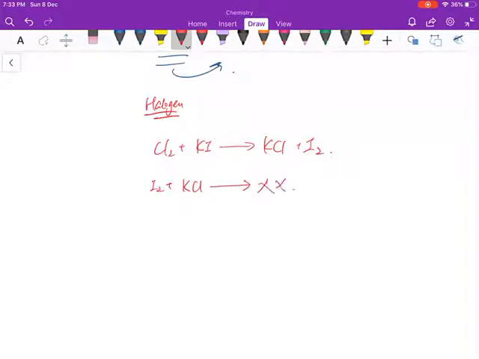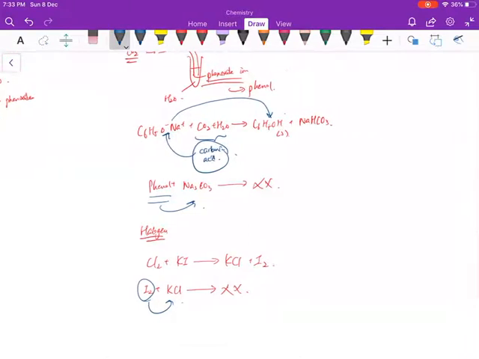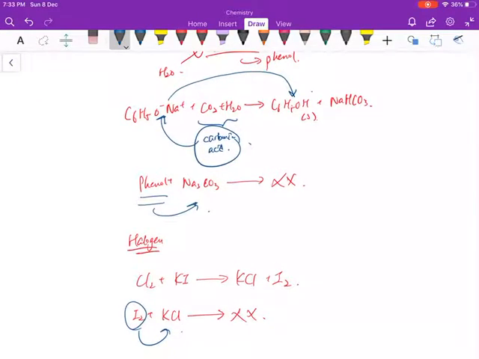It doesn't give a reaction because iodine is not strong enough to displace chloride. So this is the same case here. Phenol is not strong enough to displace sodium carbonate, but meanwhile carbonic acid in the other form could displace the phenoxide ion back to phenol.